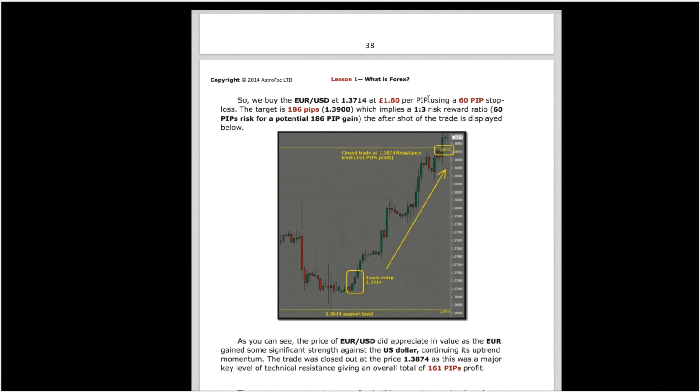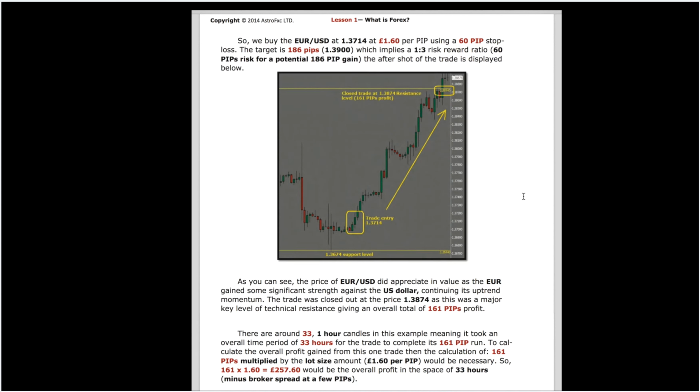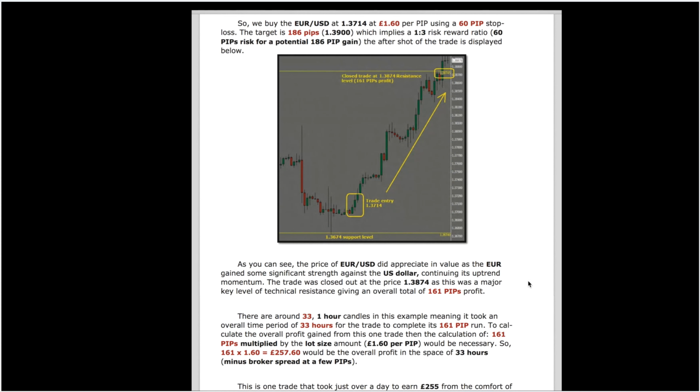So we bought the Euro USD, £1.60 per pip, 60 pips stop, target is 186 pips. 1 to 3 risk reward, this is the aftershock. As you can see, Euro USD did appreciate in value, so the euro gained strength against the US dollar. And in this case, we bagged 161 pips because we had an area of resistance above.